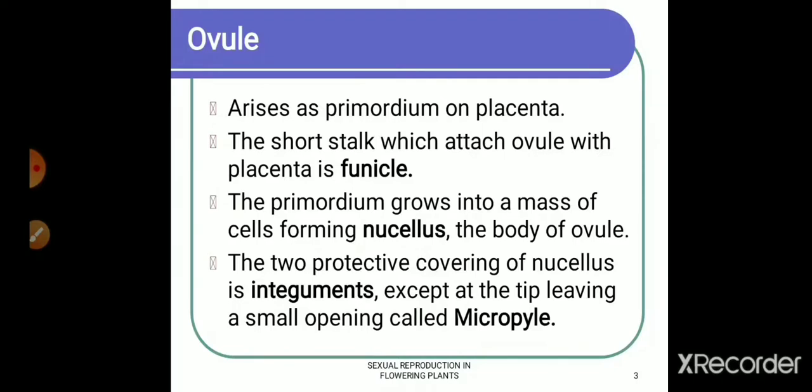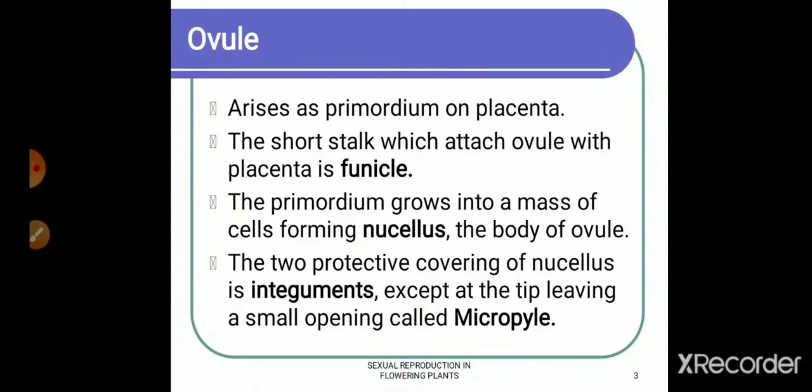The short stalk which attaches the ovule with the placenta is called the funicle. The primordium grows into a mass of cells forming the nucellus, the body of the ovule. The two protective coverings of the nucellus are the integuments, except at the tip, leaving a small opening called the micropyle.